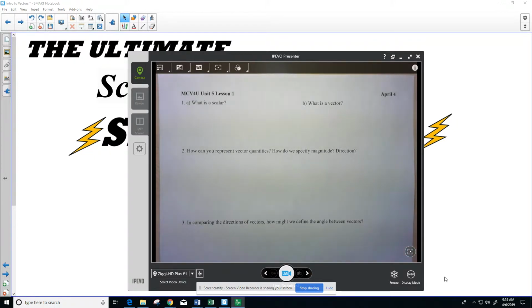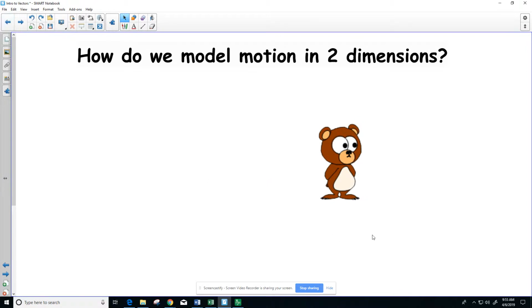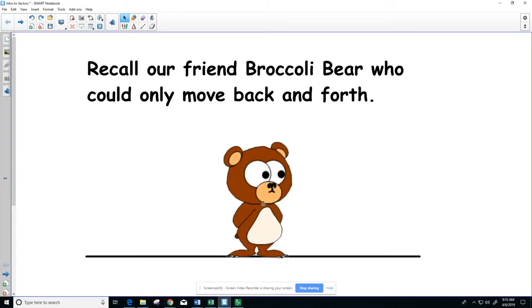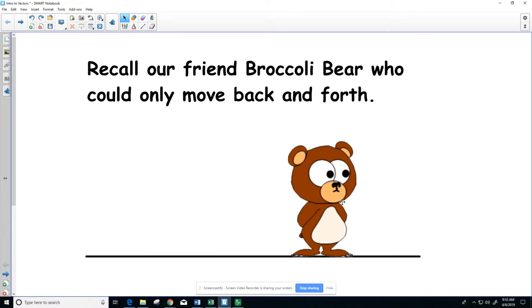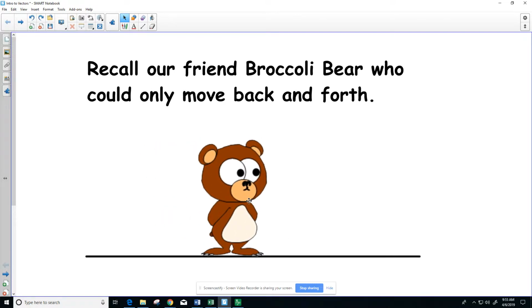Okay, so we're back. So what do we mean by a scalar and a vector? Let's go back to Broccoli Bear here. When Broccoli Bear was moving in 1 dimension, we really just needed a number in order to describe his motion, and it so happened that if the number was positive or negative, that gave us a little bit more information.